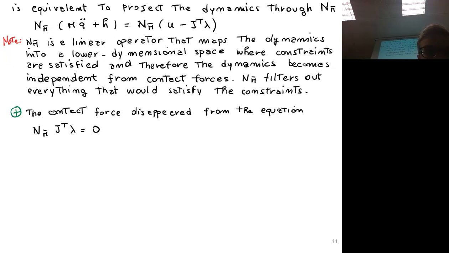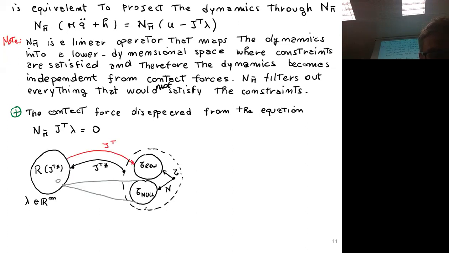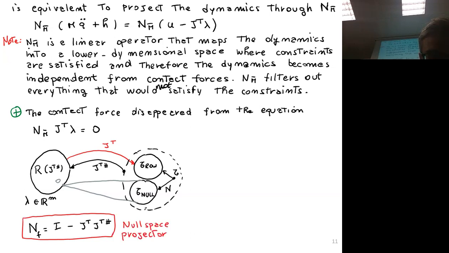Because this matrix filters out everything that will not satisfy the constraints. In fact, if we consider how this M is built, these are the contact forces, these are the torques, okay?